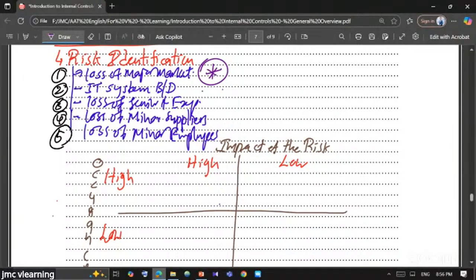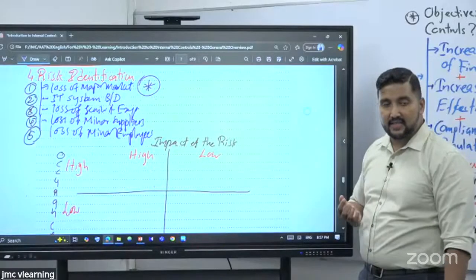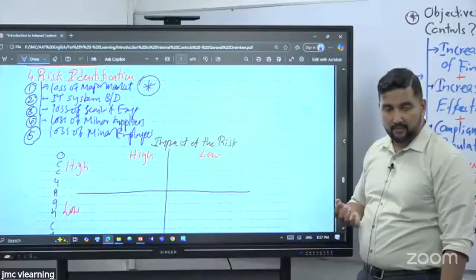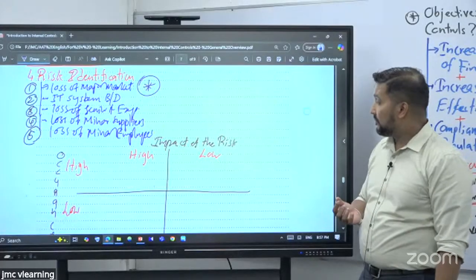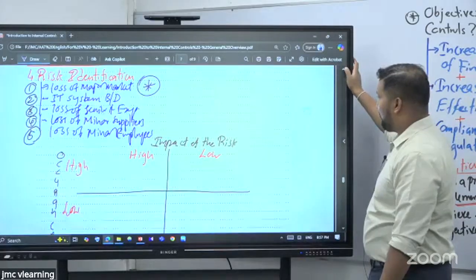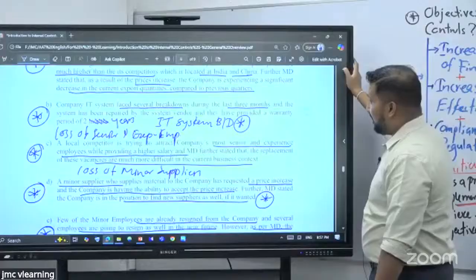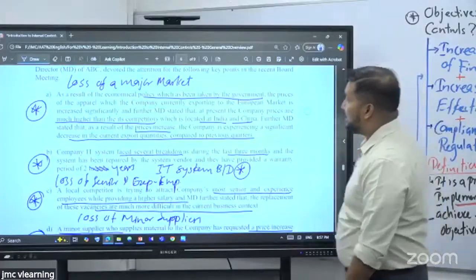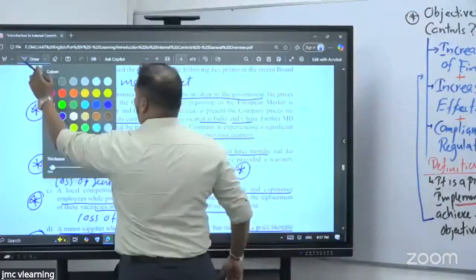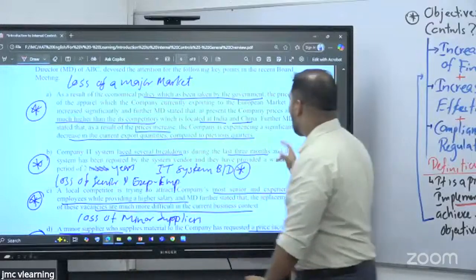Okay, occurrence? It's also high. Why are you saying its occurrence is high? You need to analyze this. Go back to the example and see why the occurrence is high.